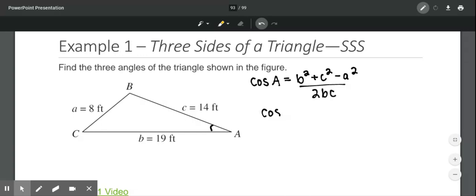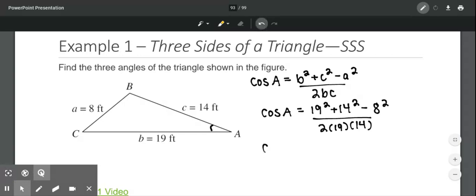So I'll say that the cosine of A equals side B, which is 19 squared, plus side C squared, so 14 squared, minus A squared, which is 8 squared, over 2 times 19 times 14.